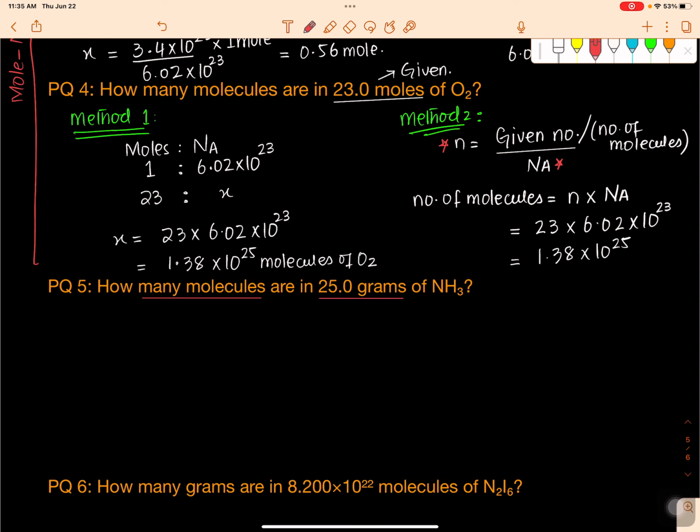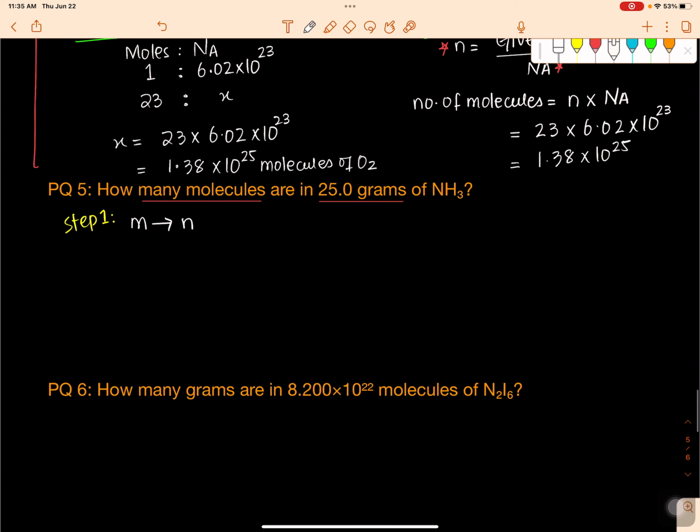Since the convention says that a mole is equivalent to a certain number of molecules, which is Avogadro's number, we need to convert these grams into moles first. So our first step is to convert mass into number of moles.